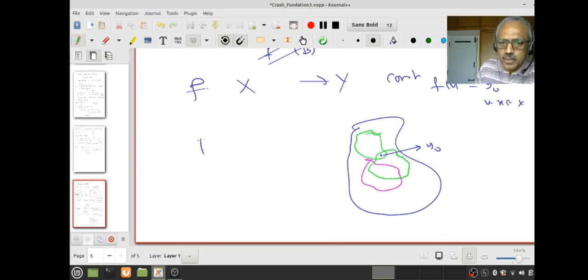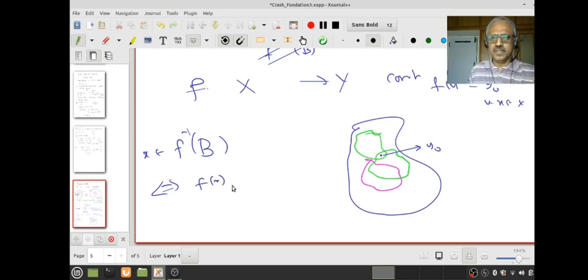Now I want to know what is f inverse of b. Are you following? Now when does x belong to f inverse of b? If and only if, you have to remember this. When you want to do the inverse images, don't worry about the word pre-image. Just look at x is in f inverse b if and only if f(x) is in b. But what is f(x)? That is y naught. So what do you get?